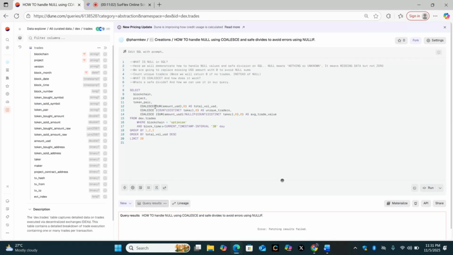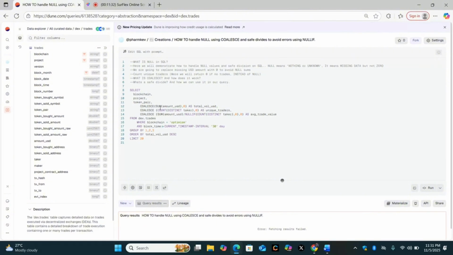Okay? So here we are summing, you can look at the cursor, here we are summing the amount USD values for the past 30 days of a certain token pair. We are trying to get the total amount USD for each token pair for different projects.